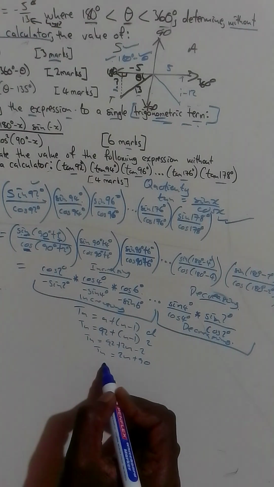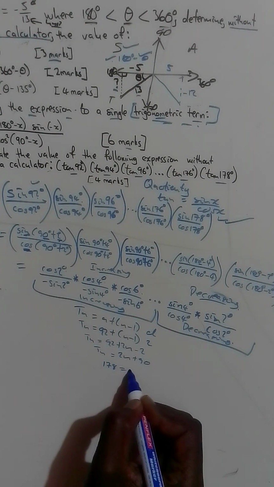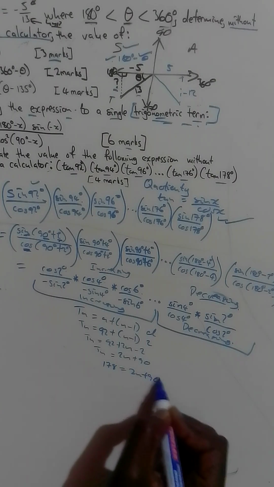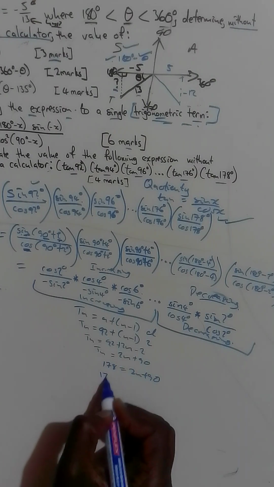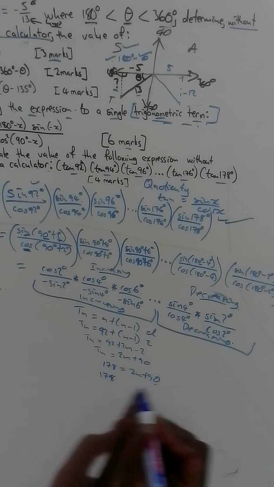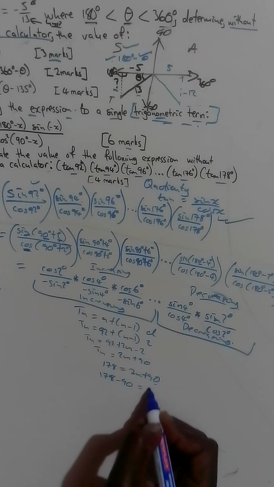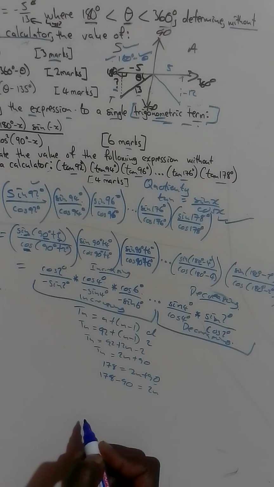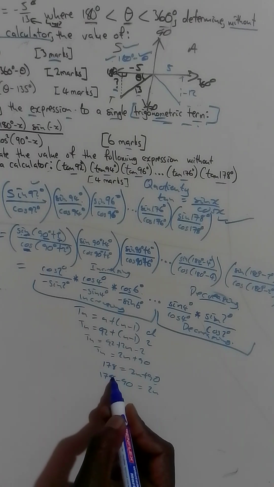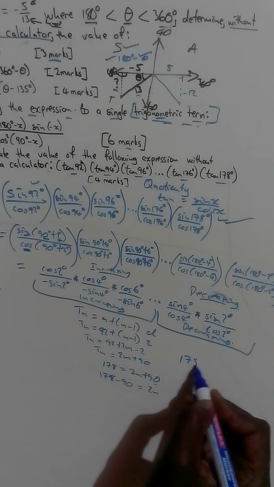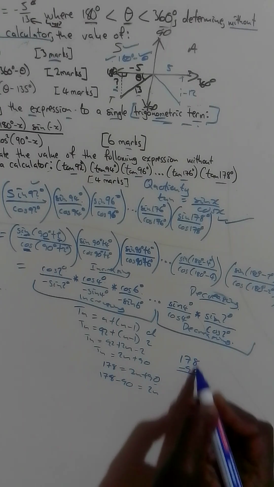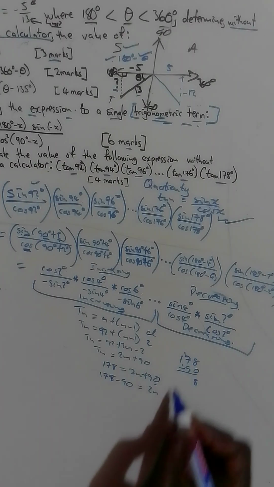Now I was at 178. If I say 178 is equals to 2n plus 90, I transpose, it becomes negative 90. 178 minus 90, 8 minus 0, that's 8.